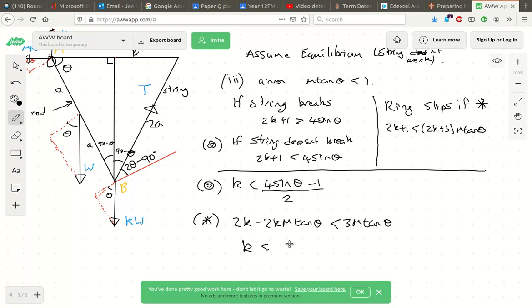We'll have k as 3 mu tan theta over... oh, hang on, have I made a mistake? Oh, I've forgotten about the minus 1. Yeah, I need to take away that 1 there. Sorry about that. I just totally didn't spot that. 2k minus, yeah, because I've moved it over without, yeah. Okay, divided by 1 minus mu tan theta times 2.